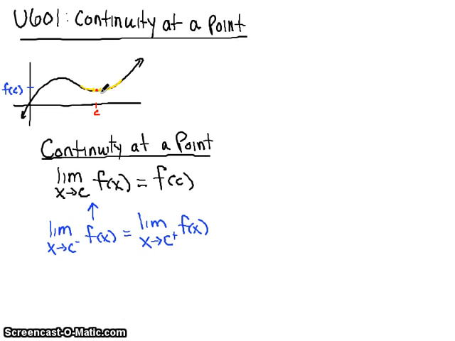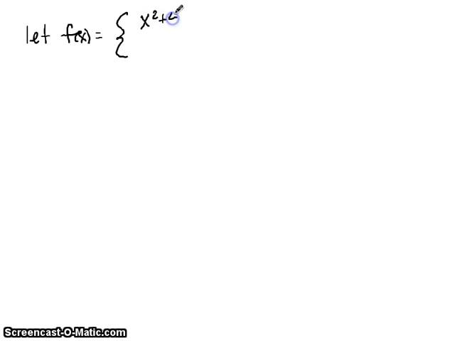A real basic way you might see this is you could have a problem that looks like this. Let f of x equal the piecewise function (x squared plus 4x plus 3) over (x plus 1) when x is not equal to negative 1, and let your function be 2 when x equals negative 1.